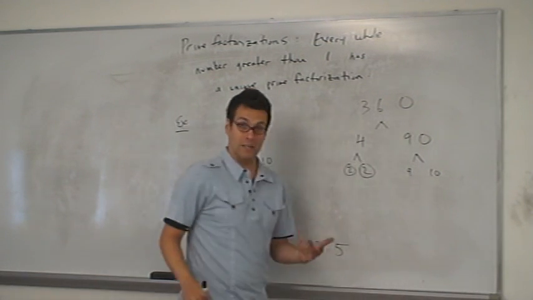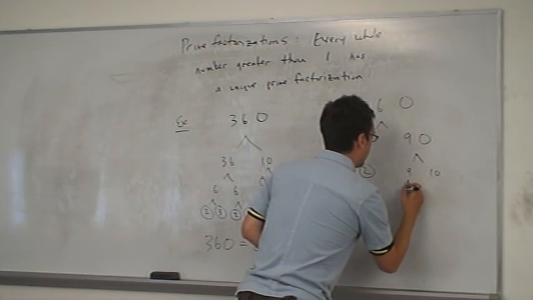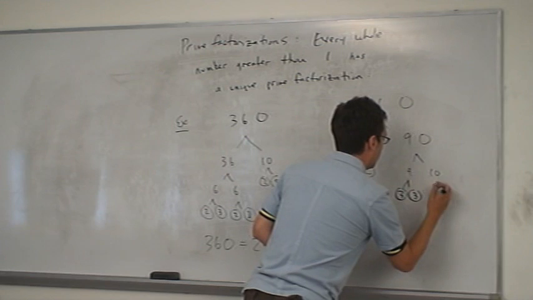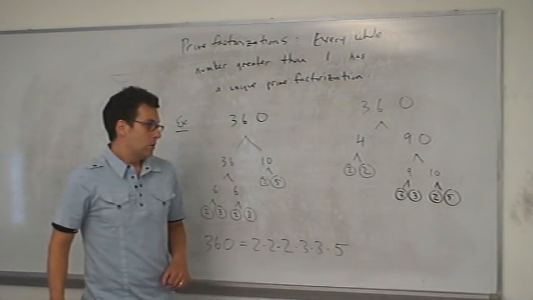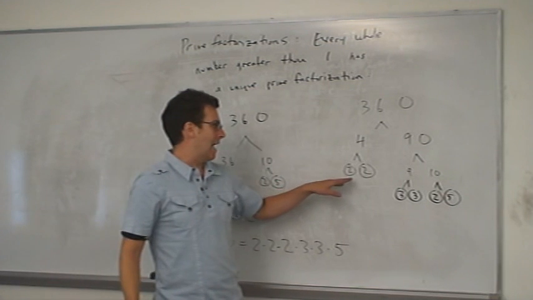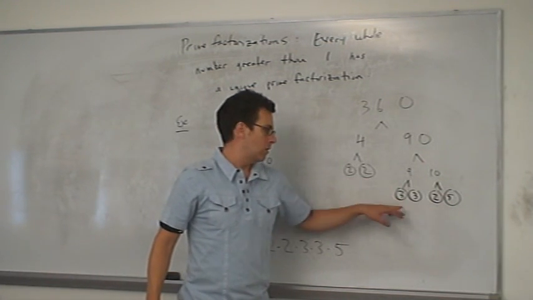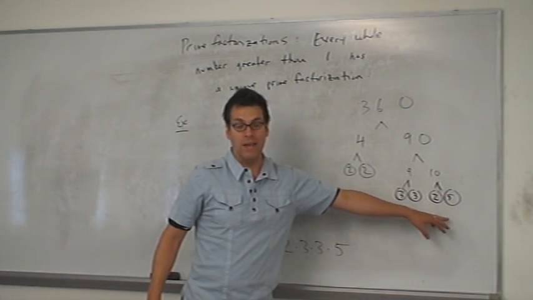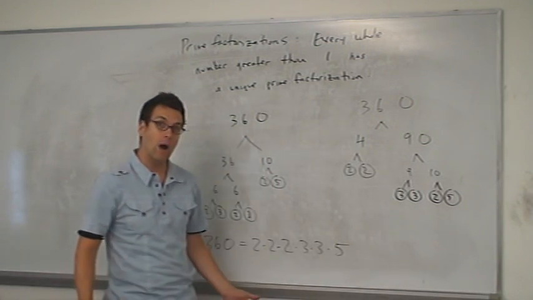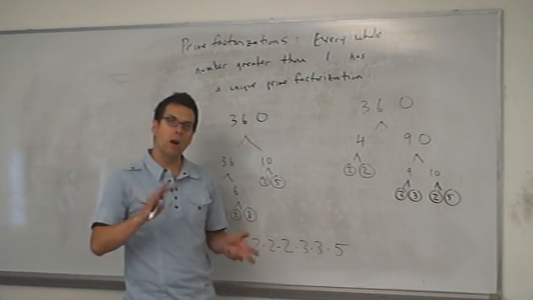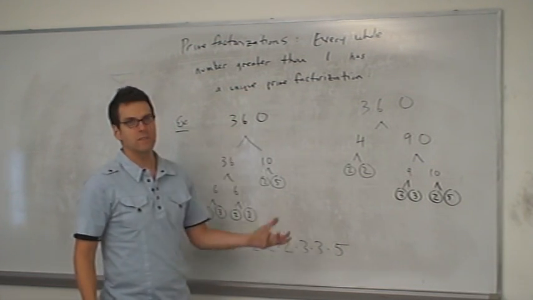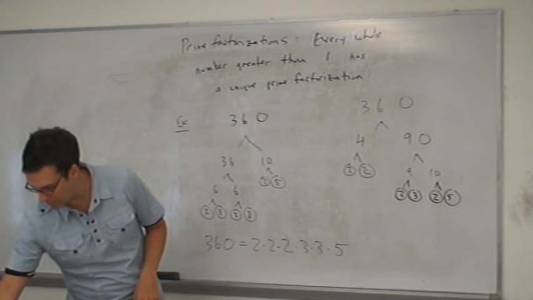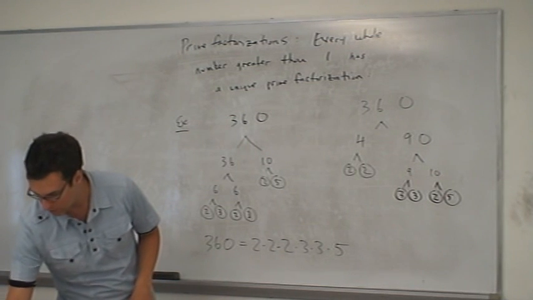Neither 9 and 10 are prime, but we can write 9 as 3 times 3 and we can write 10 as 2 times 5. Lo and behold, we have 3 factors of 2, 2 factors of 3, and 1 factor of 5 coming out of the wash. So we see that regardless of how we first factor our number, we are getting the same primes coming out. That's what we mean by unique factorization of primes.